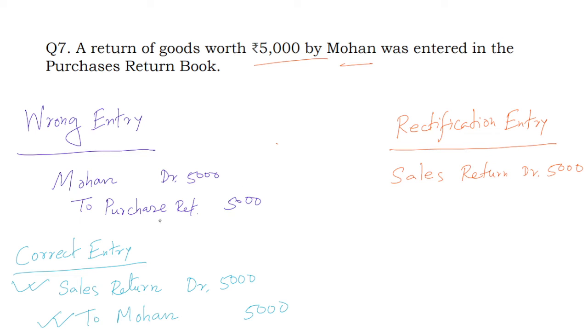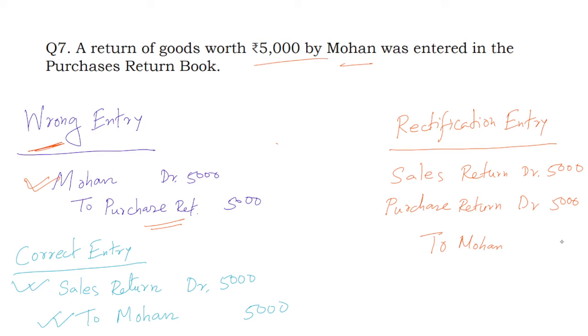And wrongly purchase return was credited, so we also record it as debit, because we have to reverse it. Otherwise, we cannot correct it. This Mohan was wrongly entered as a debit, so we have to credit it. So we write Mohan.